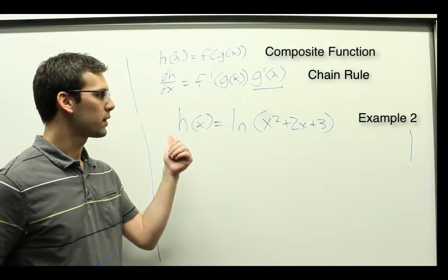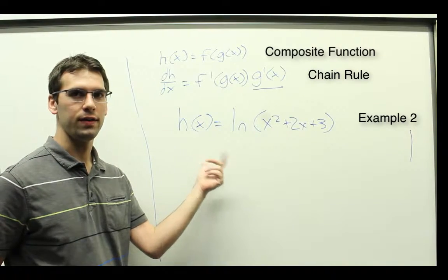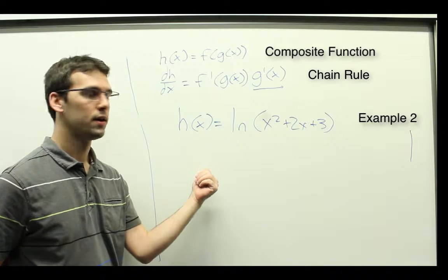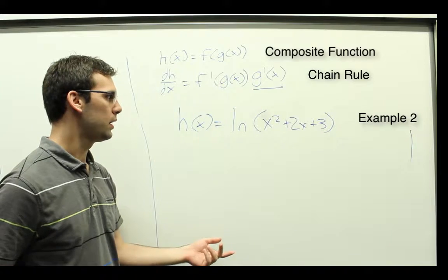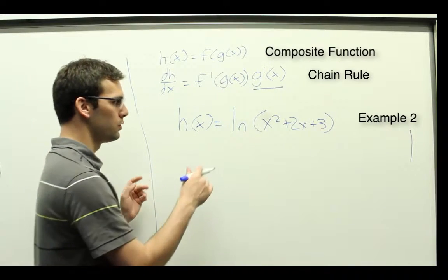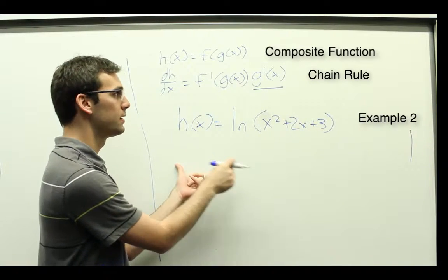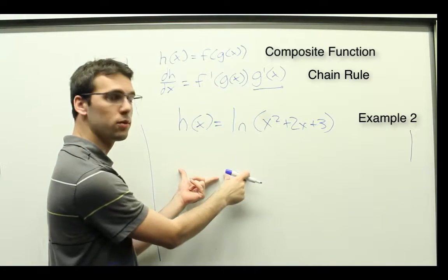So what we're going to want to do is identify the outer function and the inner function, take the derivative of the outer function and also the derivative of the inner function, and it will be the derivative of the outer with the inner portion intact times the derivative of the inner portion.